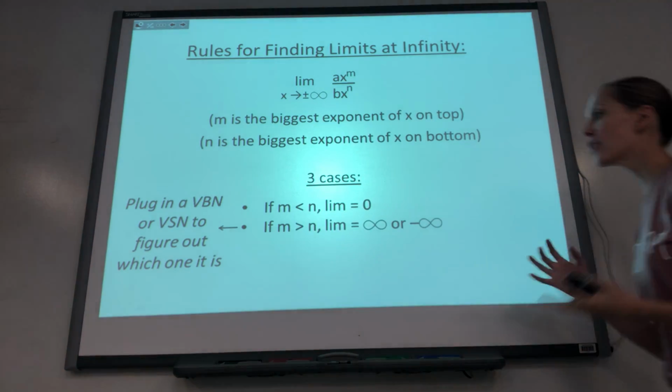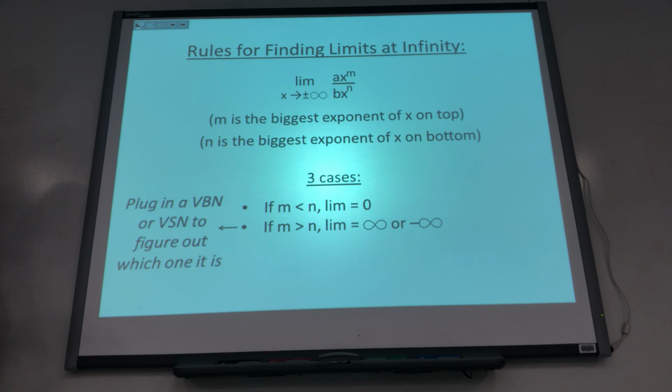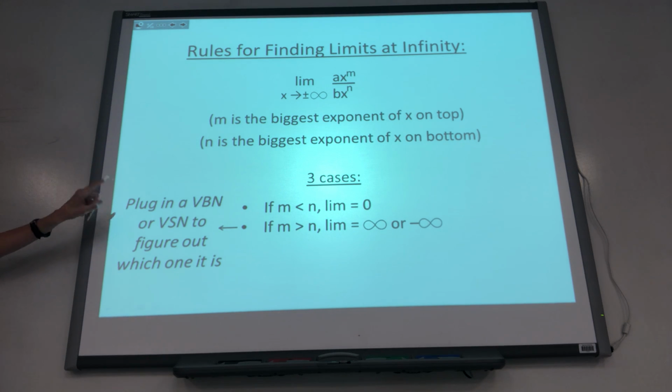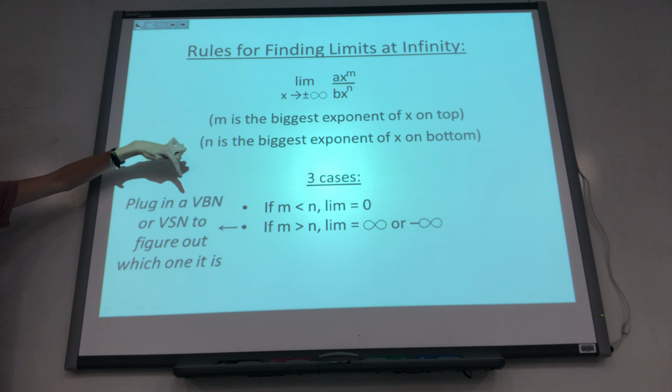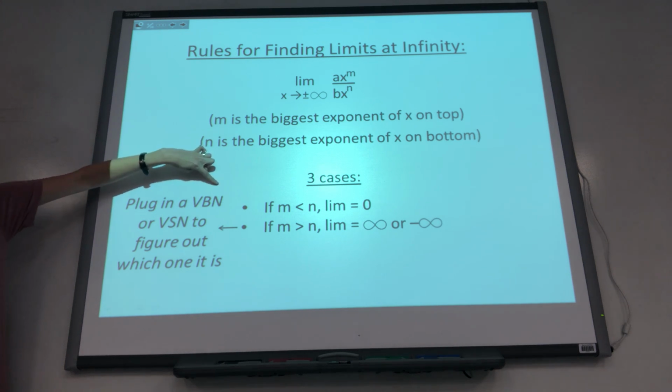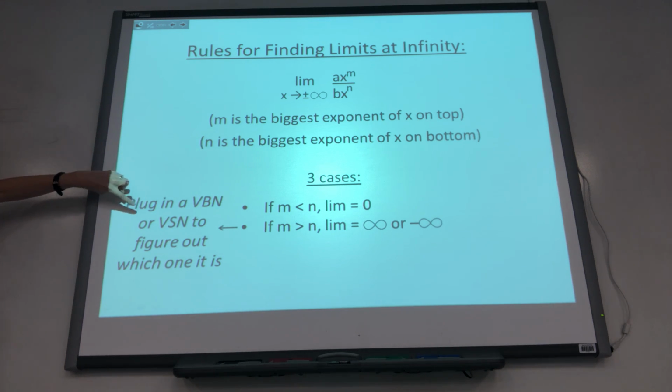But to figure out which one it is, you want to plug in a VBN. Let me explain what VBN stands for. A very big number. I got lazy. Plug in a very big number. Or what do you think VSN stands for?